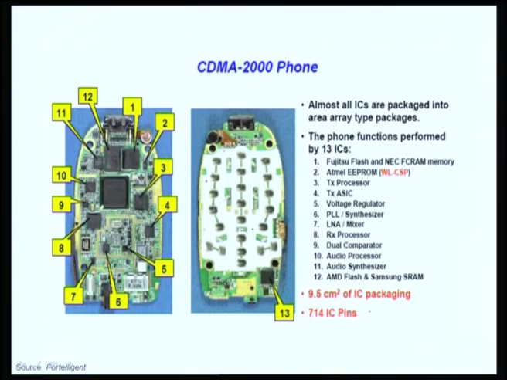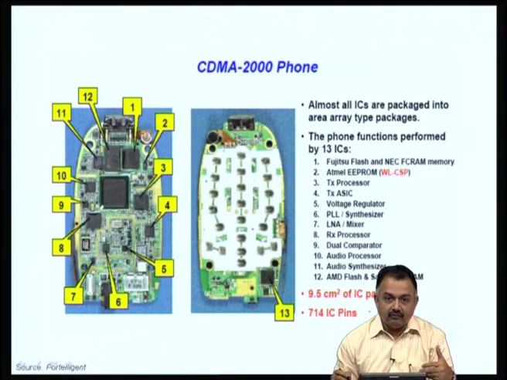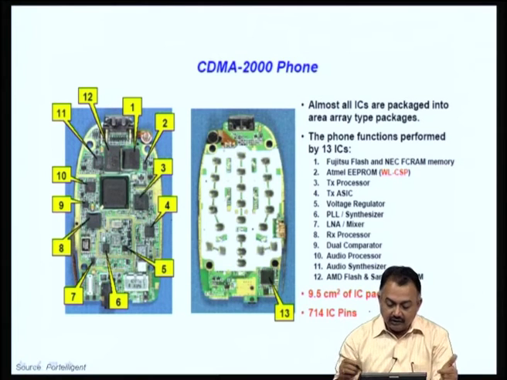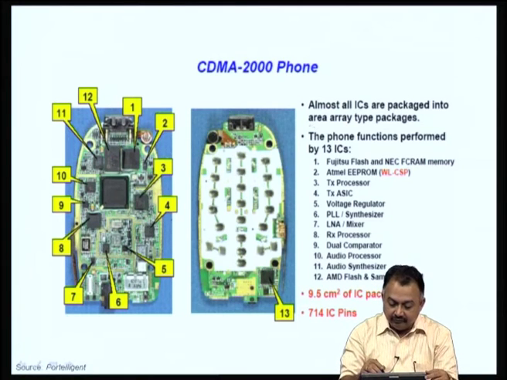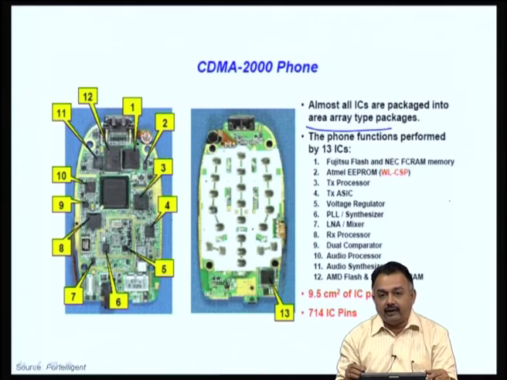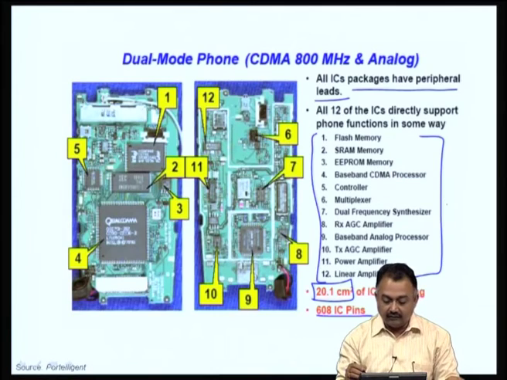But if you look at current technologies, this is already 10 years old what I am showing here, but nevertheless you can expect much better electrical design compared to this. Here you can see today's technology uses area array type packages rather than the peripheral array packages we have seen earlier.